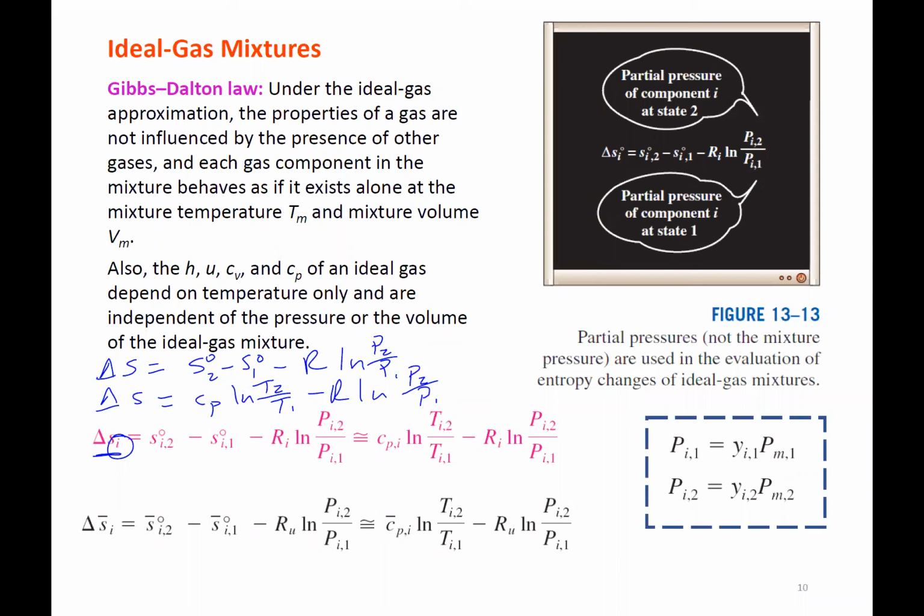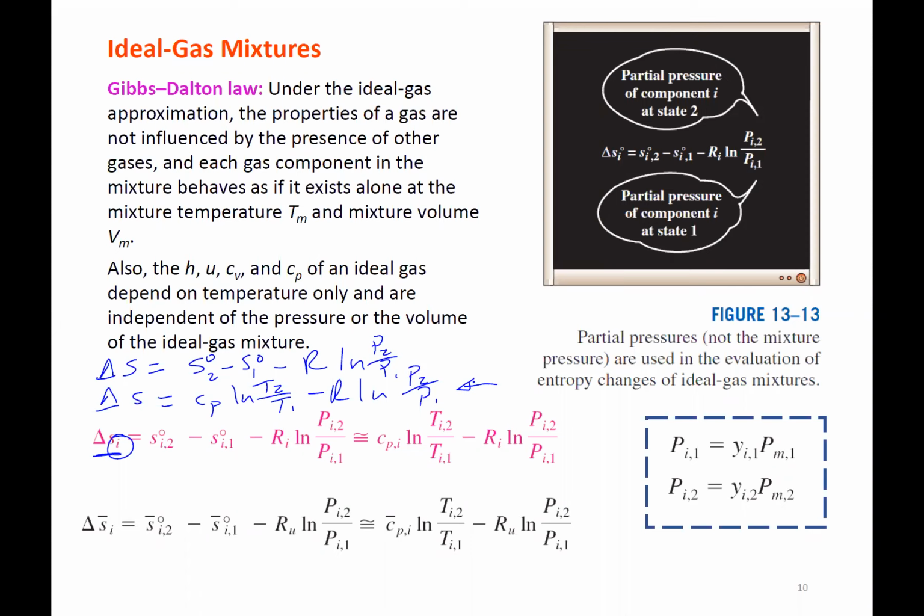We can use this version directly if we have the mixture. If we want the change in entropy of the mixture, we just use that. We would just need the mixture's T2, T1, P2, P1, the mixture's gas constant, and the mixture's CP.